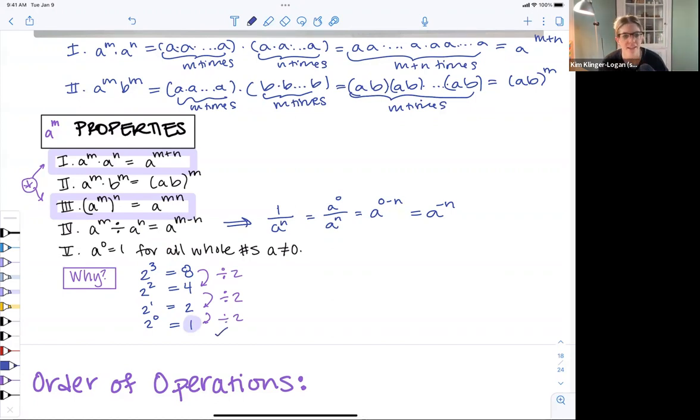Great. And I can do this for any non-zero whole number. I could do this same kind of pattern looking at any non-zero base, and I should expect that if I keep dividing, I'm going to get 1 for a to the 0.